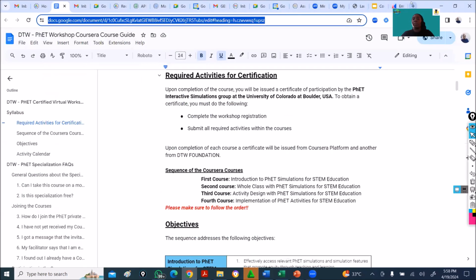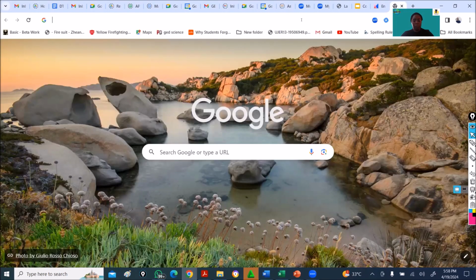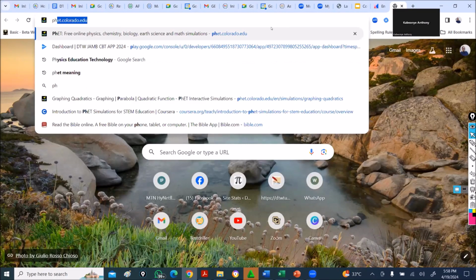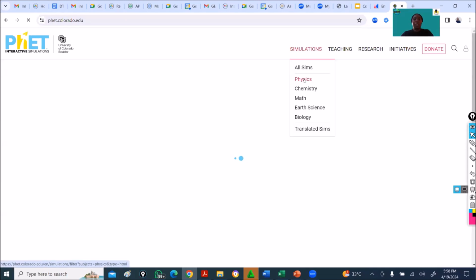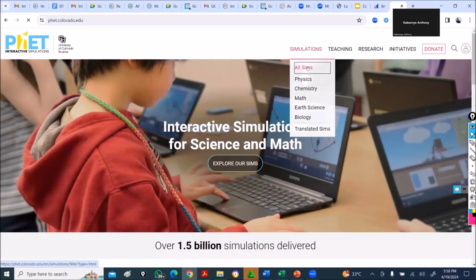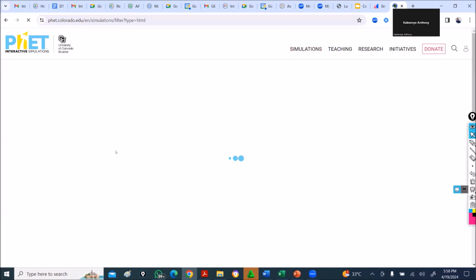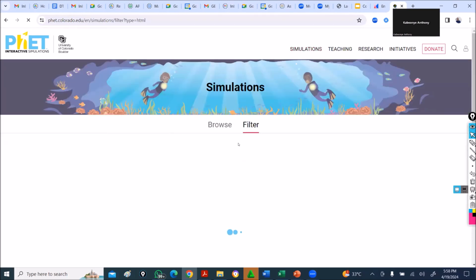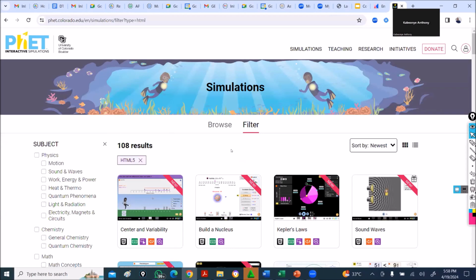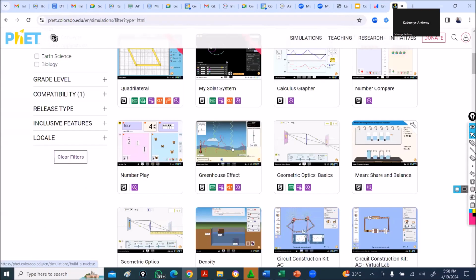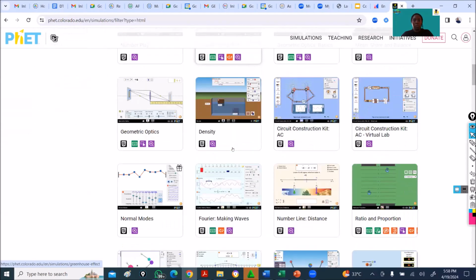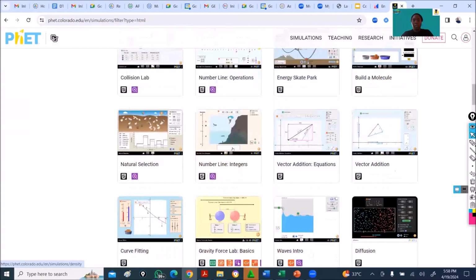So let me get you the build an atom simulation link. This is how you get your simulations. Let's build a nucleus, an atom.